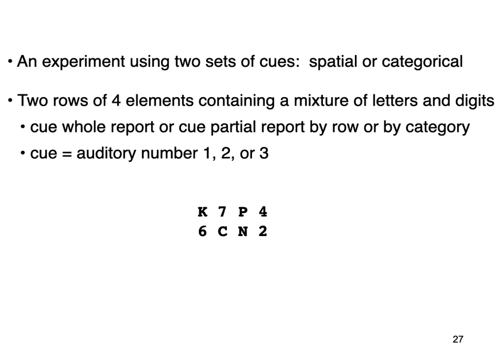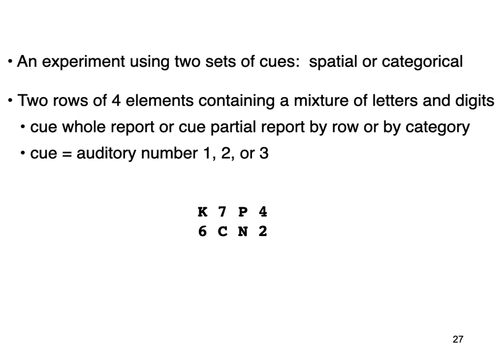So here's the relevant experiment using 2 cues. I either use a spatial cue, which means I'm not interested in the category of information represented in the icon. You'll see how that's tested later. There are 2 rows of 4 elements, making a total of 12. Under full report, I can get 4. But I give you a number just after the disappearance of the array.